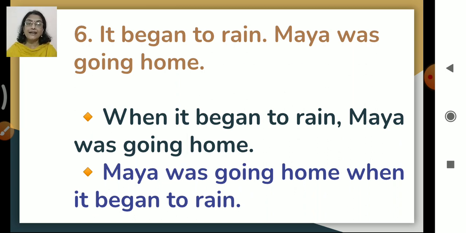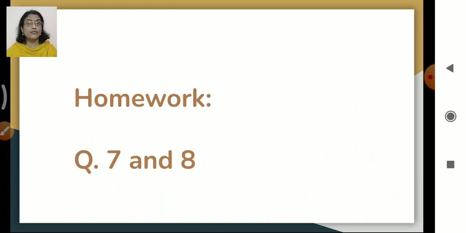Okay, only we added when it began to rain. We removed the full stop, added comma, Maya was going home. And when the second sentence, Maya was going home, what we did here? We took the second sentence first, then we added the word when, and then the first sentence we joined it. Maya was going home when it began to rain. Followed, children?